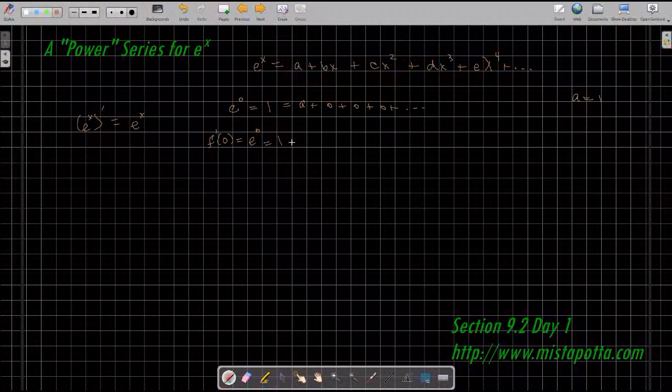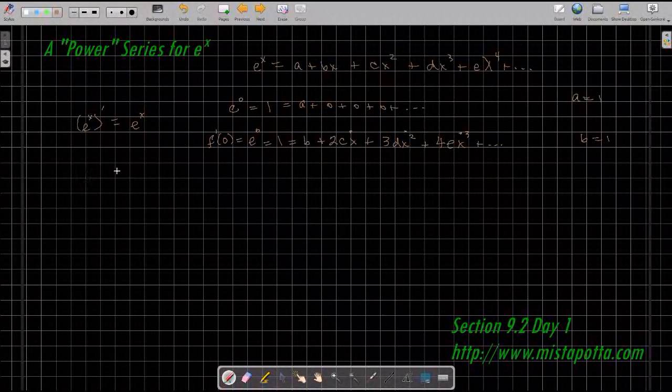This ends up being b plus 2cx plus 3dx squared plus 4ex cubed, and so forth. But each of these terms here are 0. And so I'm just going to have that b equals 1.